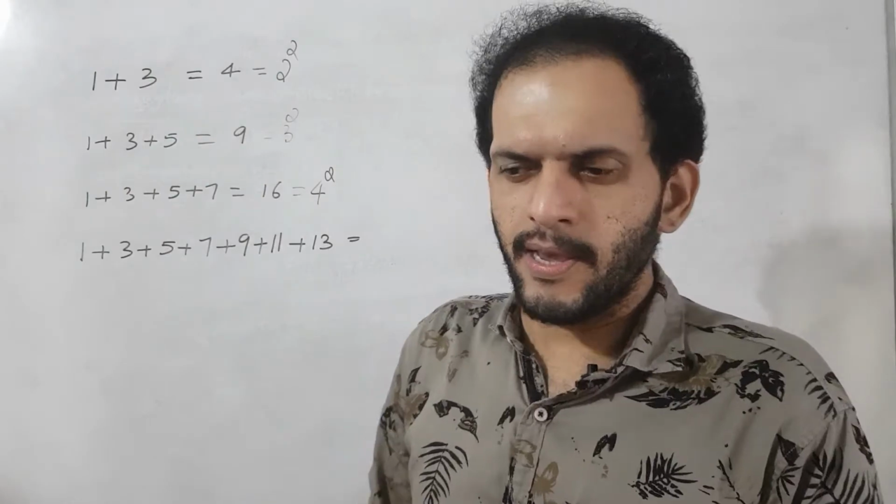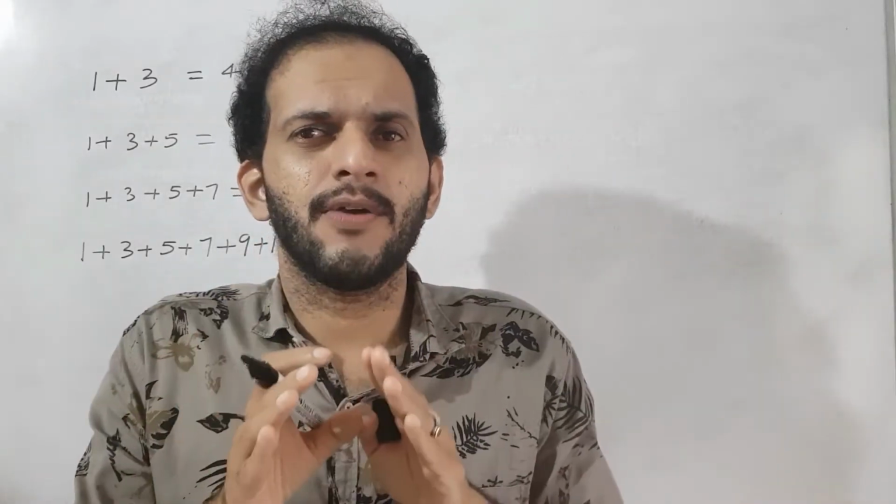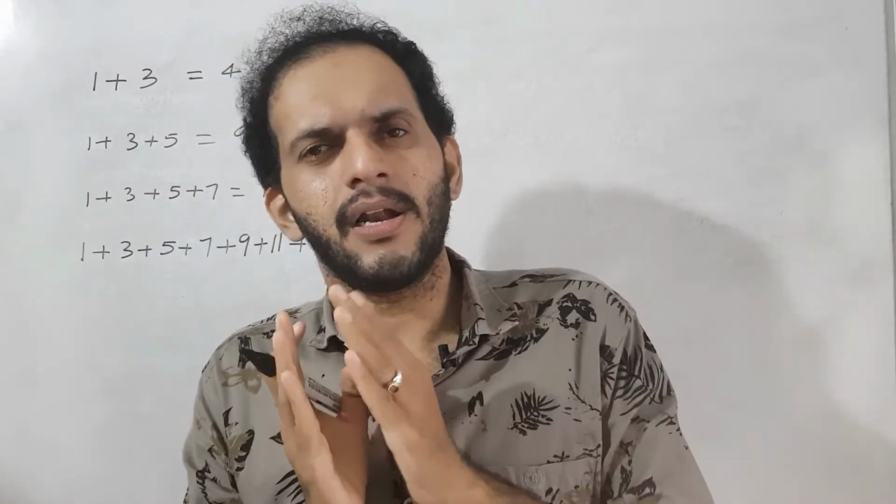Then what we said, based on this result, is that if we add successive odd numbers starting from 1, then the result must be a square number, correct?